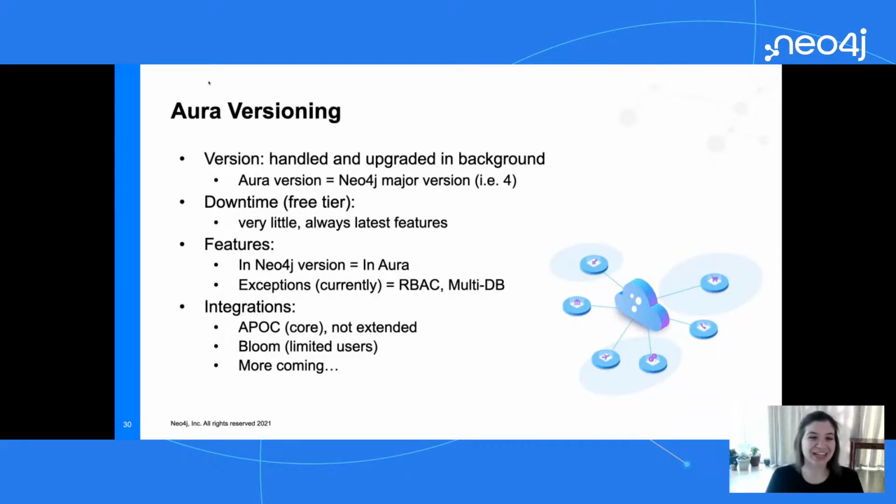Hopefully. Downtime, at least with free tier, is very little. You'll always get the latest features. I think there has maybe been 2 minutes one morning when I logged in that it was trying to update something, and so it was down for a minute or two first thing in the morning, at least my morning.